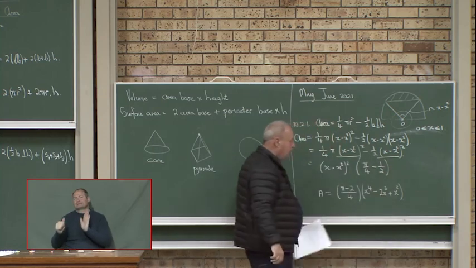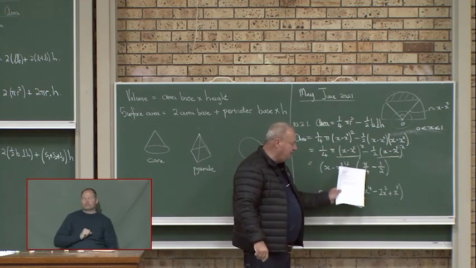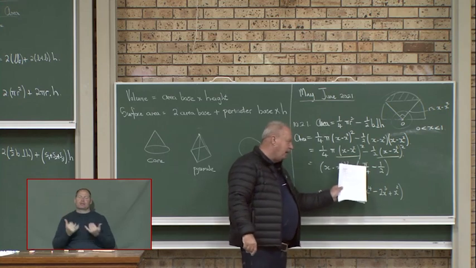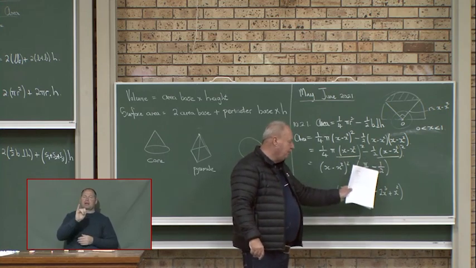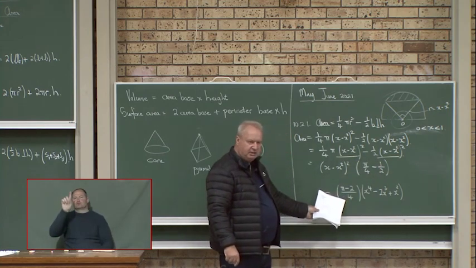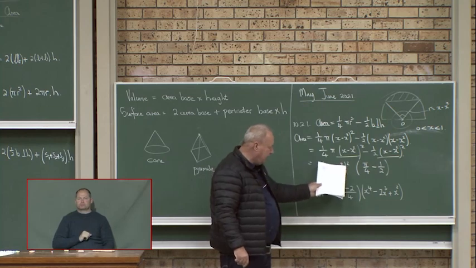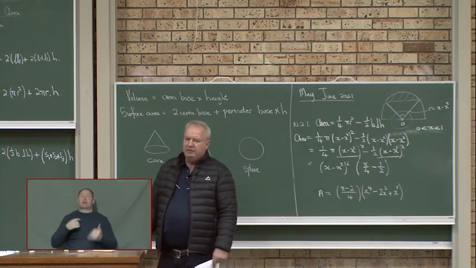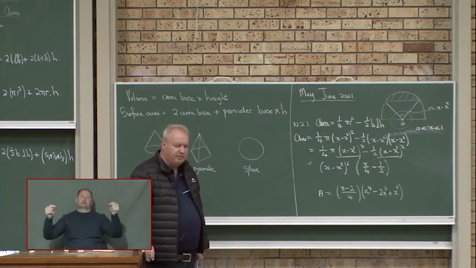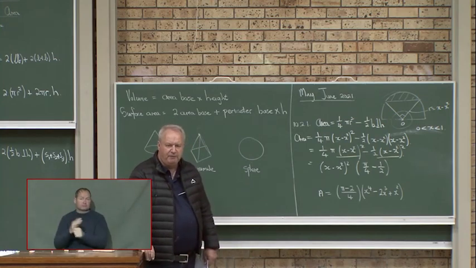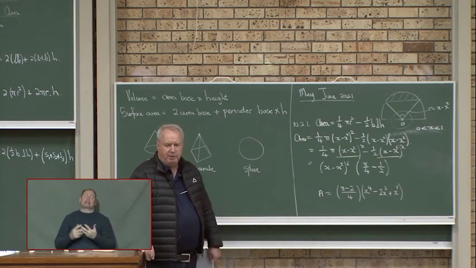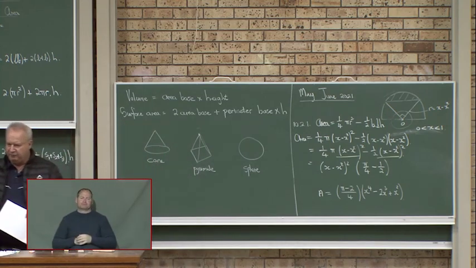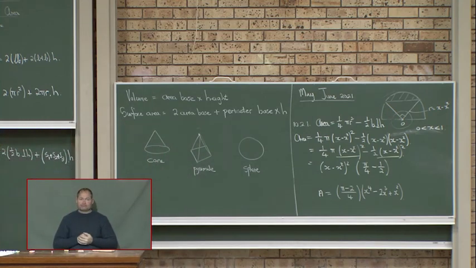Now, in this case, I'm going to find the LCD of 4 and 2, which is 4. So it becomes pi minus 2 over 4, correct? Which is that. And this squared becomes that. So I have shown that the shaded part is given by pi minus 2 divided by 4 multiplied by x to the power of 4 minus 2x cubed plus x squared. Have you got that? Are you with me?